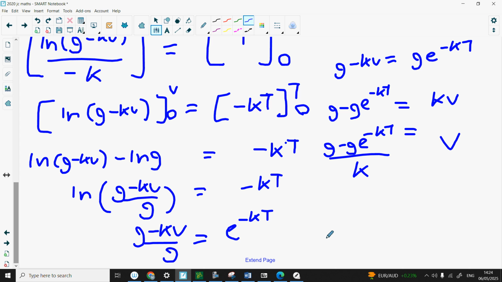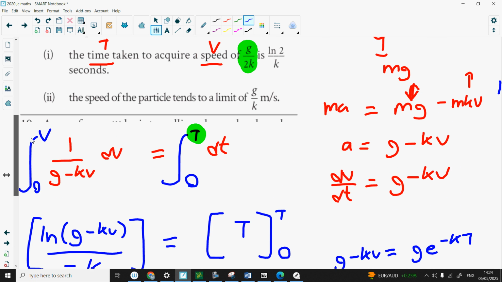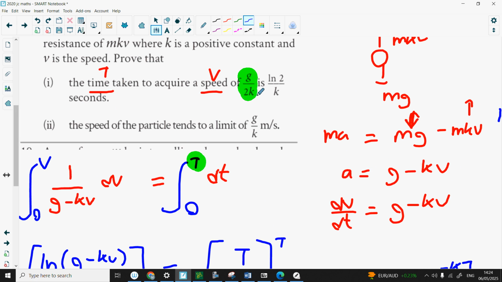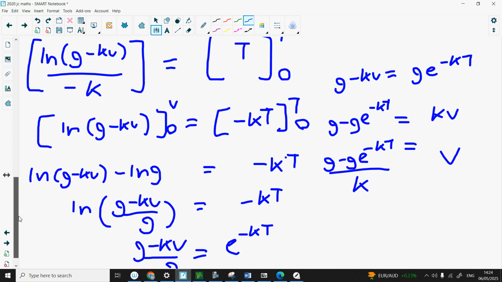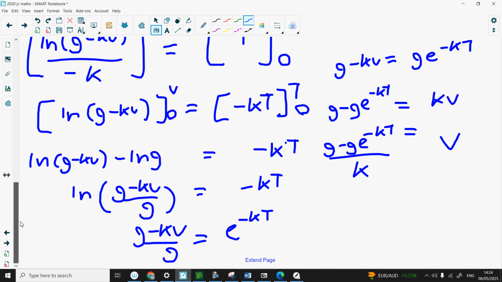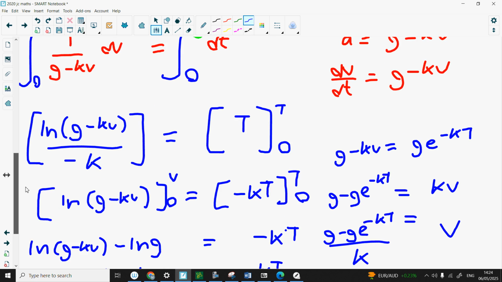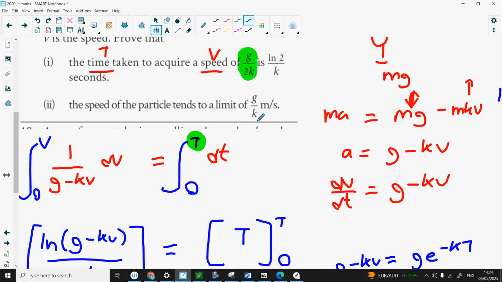Actually, it's going to get verified whether I'm right or wrong. How is it going to get verified for me, because what do I have to put the speed as? Oh, okay, that's not great, because it's actually after the time, not the v. But do you know what I'm looking at? I'm going to need that for part 2 anyway, aren't I?